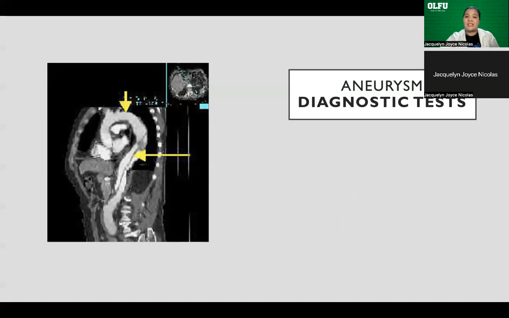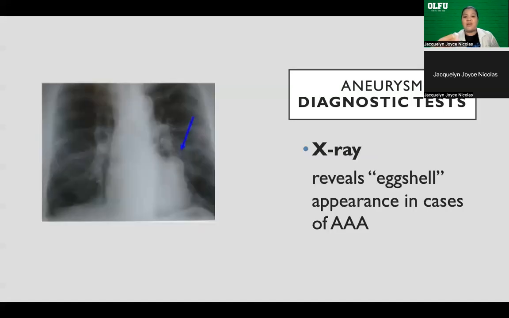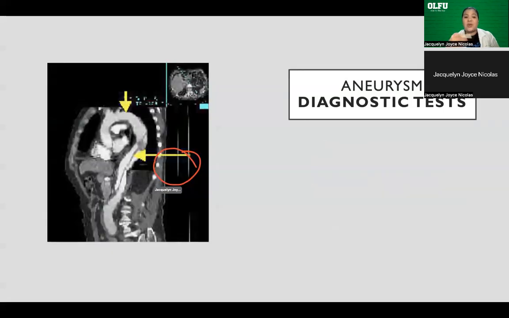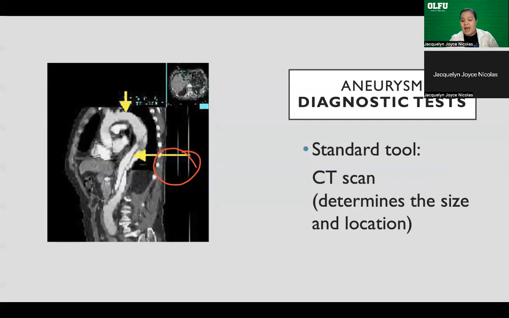Kasi kapag X-ray, it's very two-dimensional. Very flat. Yan lang makita mo. If you want to investigate further, you can look at different planes. This will help us determine the size and the exact location of our aneurysm.